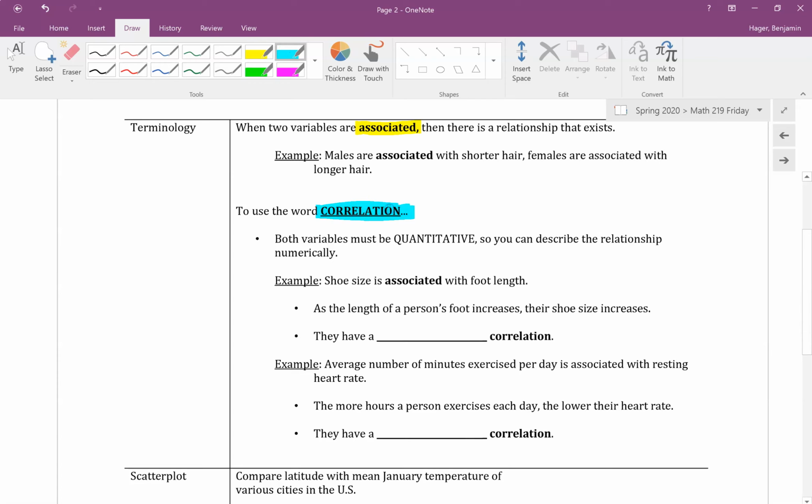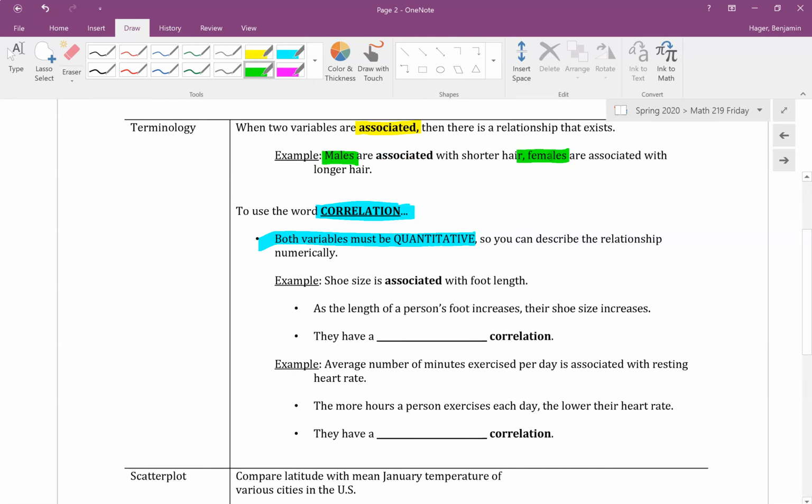And many of the things we're going to analyze would be associations, but if you want to use the word correlation, what we're doing is we're talking about quantitative variables, okay? In other words, they have to be able to be described numerically, both of them, if we want to talk about the correlation. Correlation is basically a measurement of how well two things are associated, okay? I couldn't use the word correlation up here because here I'm talking males and females.